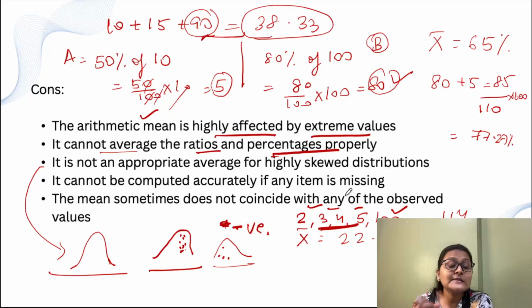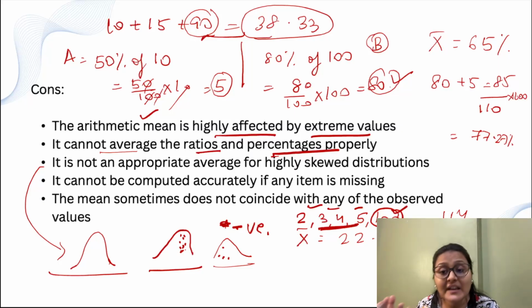There should always remain a balance over here. If the 100 had been replaced by other numbers like 8 or 9, then the mean would have been appropriate, right?